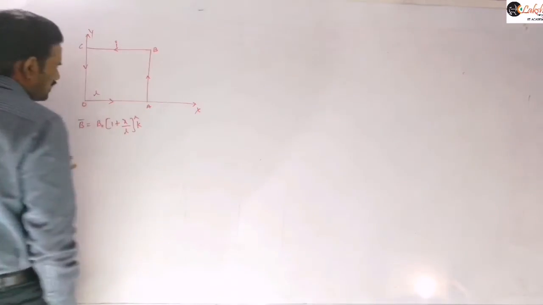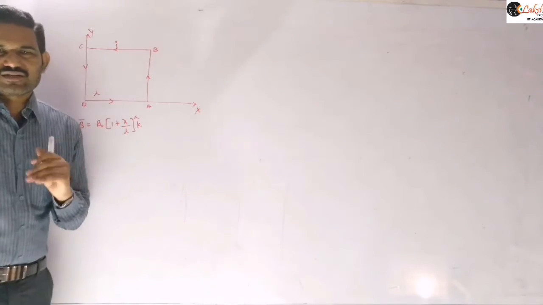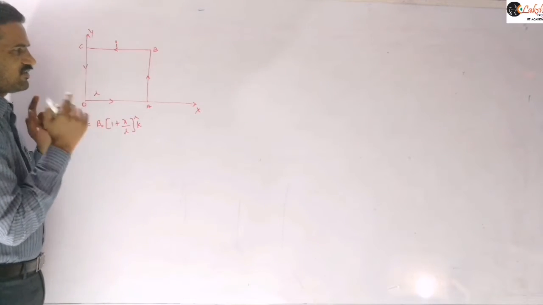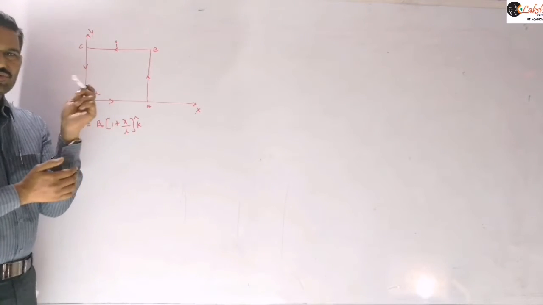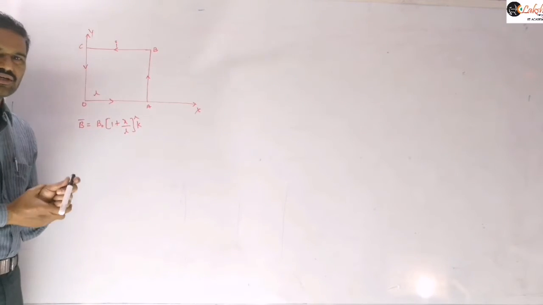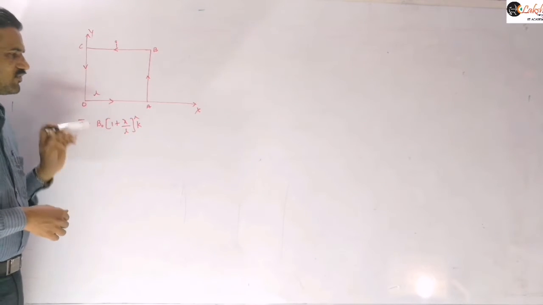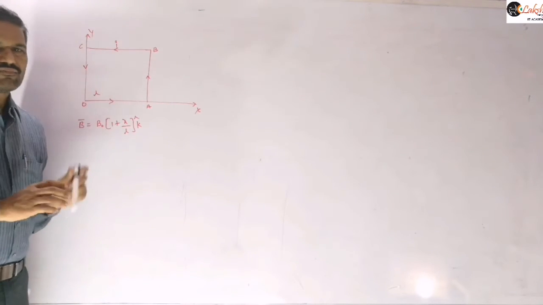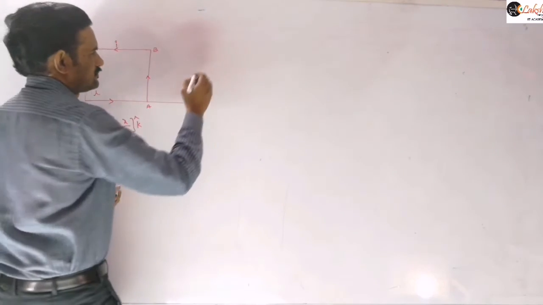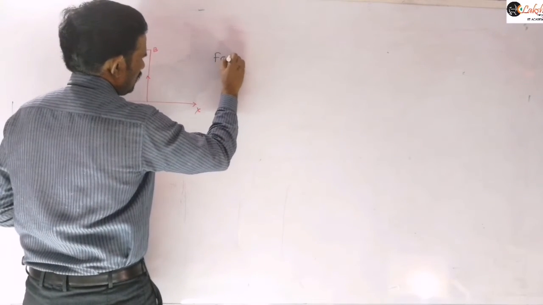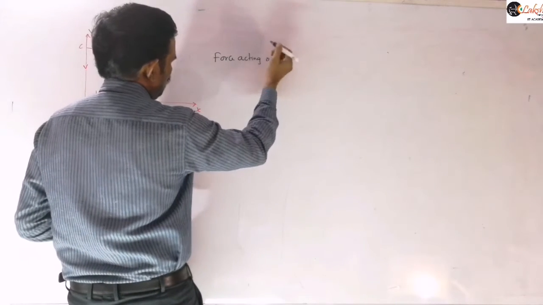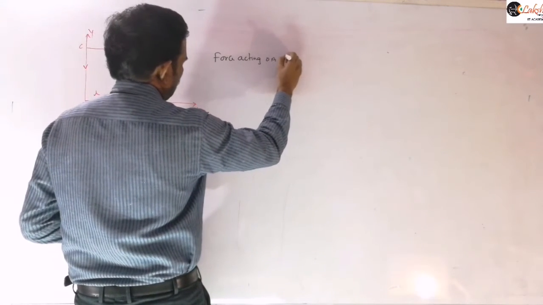So now let us calculate the force acting on each side so that you will get the clarity about that. Clearly the magnetic field will be perpendicular only. The magnetic field is out of the plane here, given as k cap. So force acting on this wire, suppose I am writing this OA, force acting on OA, let it be F1.